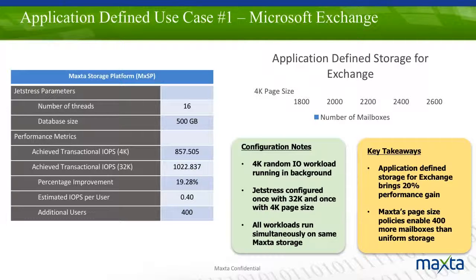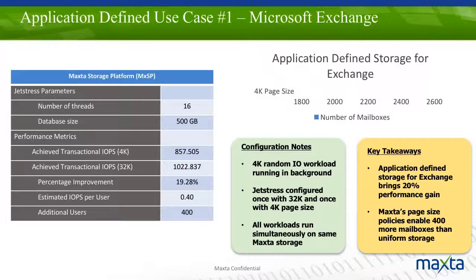So the test consists of basically two runs. Through each run, we use the tool JetStress to generate this I/O. And through both of these runs, we ran a continuous 4K random I/O workload in the background just to simulate that we actually have some other traffic in the background.